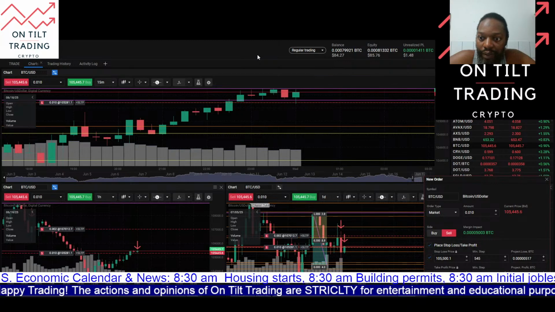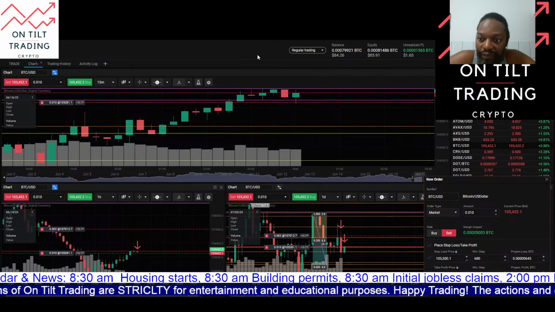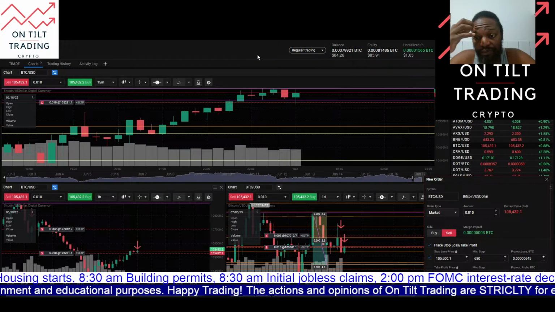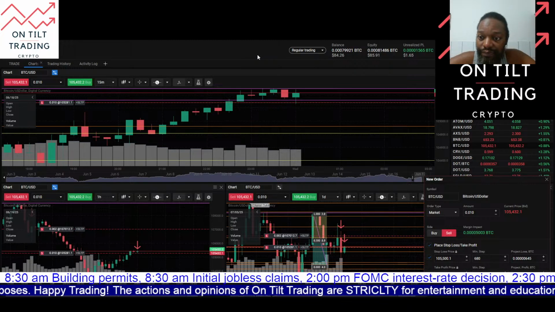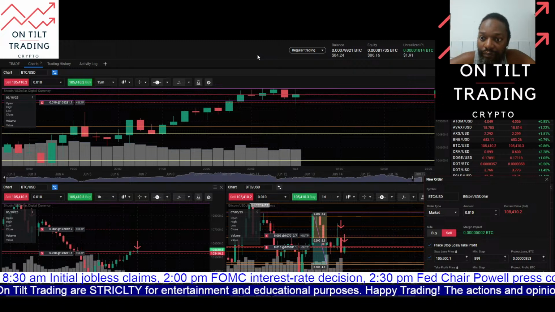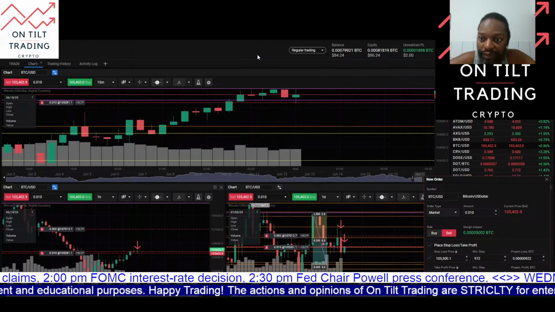Price stalled here near the 105,450 level. Now price being delivered to the sell side. More sell side delivery.